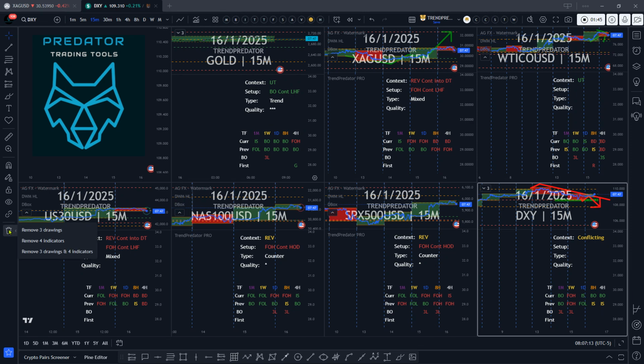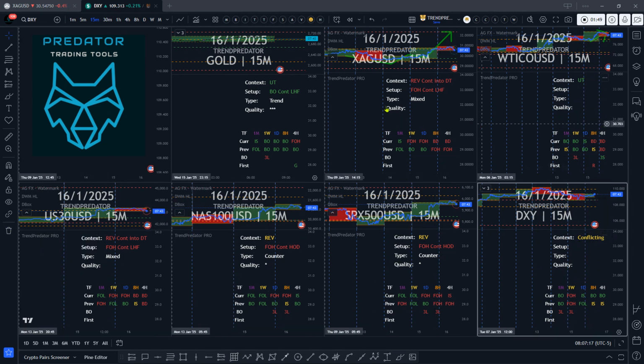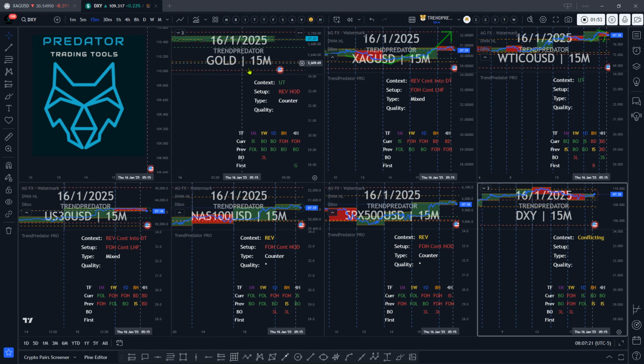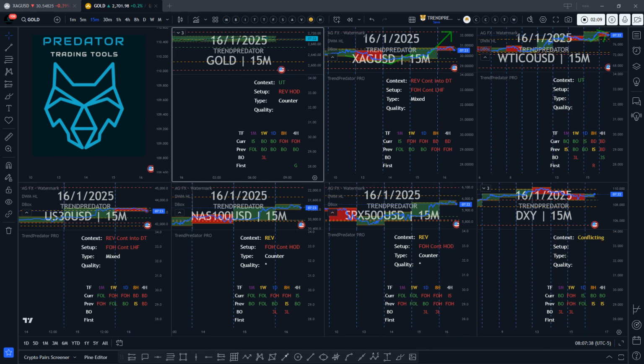So if gold is conflicting, then I might have a trade setup that's dubious due to the dollar being conflicting. But I don't want to get too technical and complicated. I've been asked specifically about gold and silver, so let's look at those.